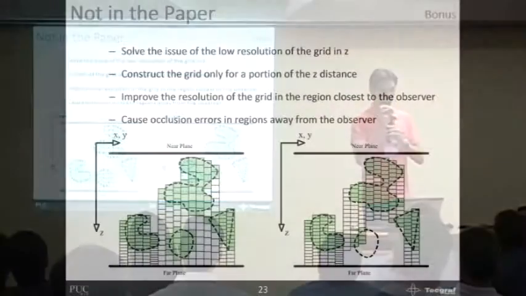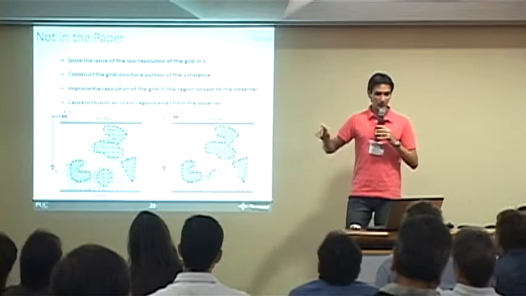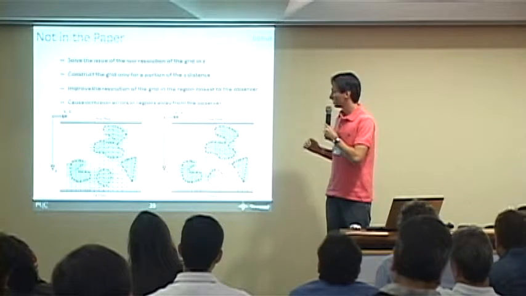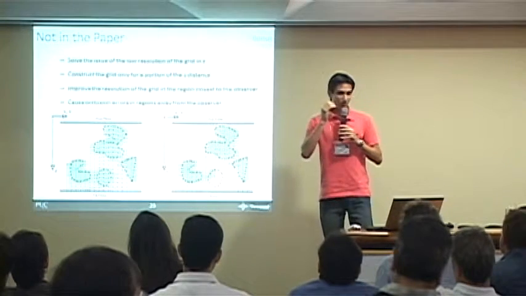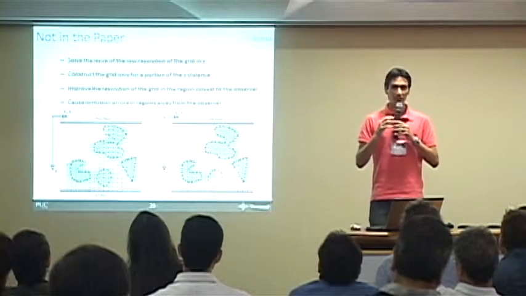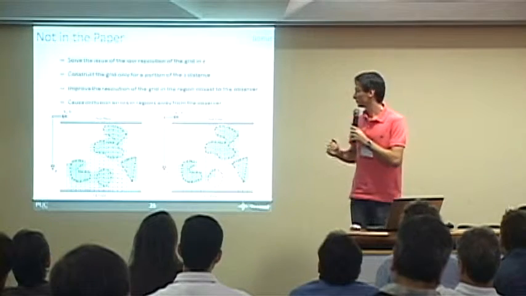And we have a little bonus section, something that we are still working on. It's not in the paper. We are trying to solve the issue of the low grid resolution in the Z direction. And so we think we could construct the grid only for a portion of the Z distance. So we will not voxelize the full frustum.